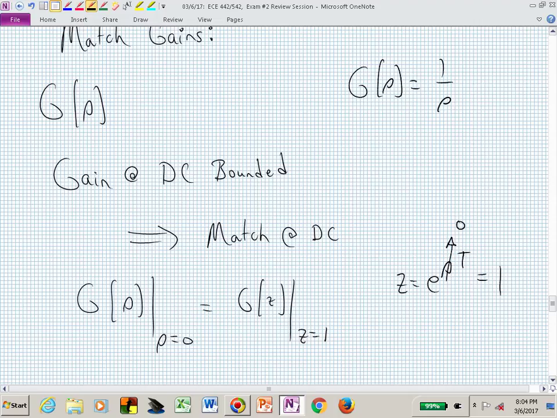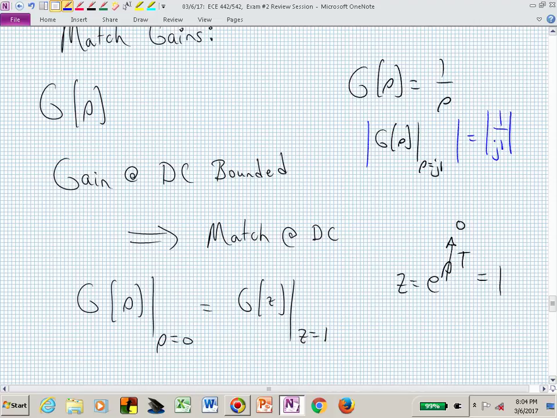Now what? Well, maybe you pick a convenient value of s and go with that. Meaning, a convenient value for s, you might say something like, g of s with s equal to j1. And then you find the magnitude of this, and that's now the magnitude of 1 over j1.